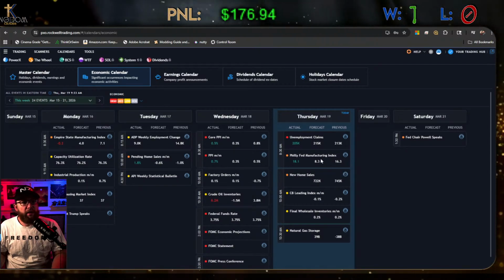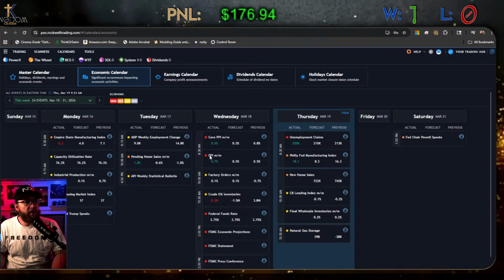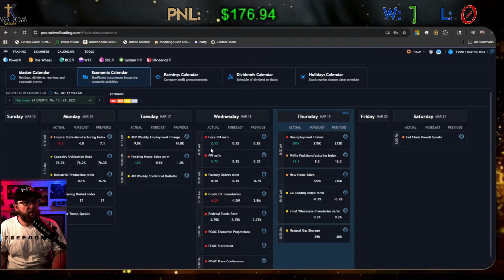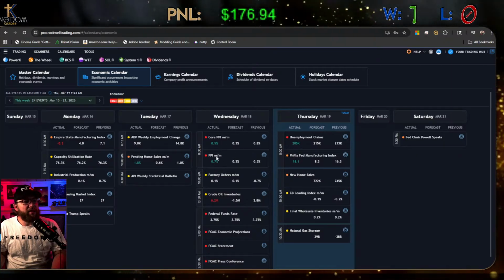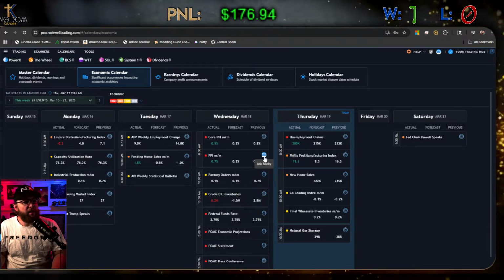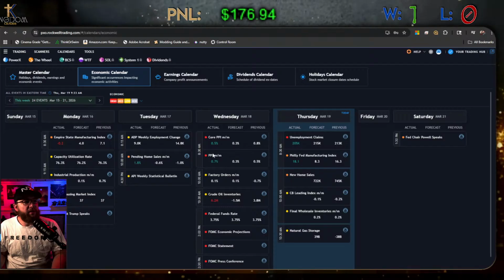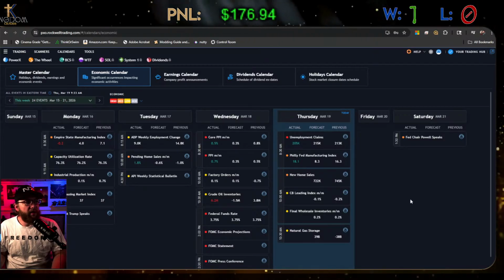I don't know enough about manufacturing index to talk on that. Like PPI, I was talking about yesterday, if it's higher, it's worse. So this was green maybe because it's less than the previous. But if it's higher than expected, that's worse for PPI, CPI.